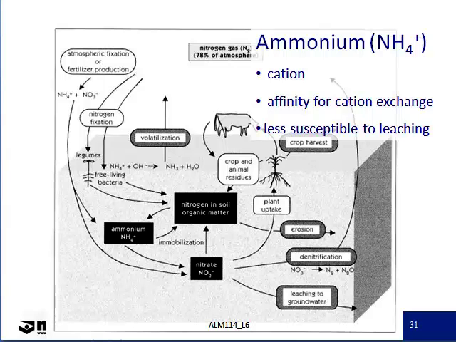In addition, nitrate requires more energy from the crop after it is taken up, because the nitrate must be converted to ammonium in the plant before it is made into proteins. Unfortunately, in well-aerated agricultural soils, ammonium readily converts to nitrate in a process known as nitrification.